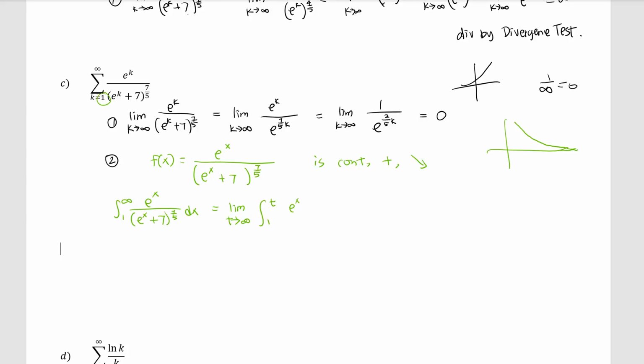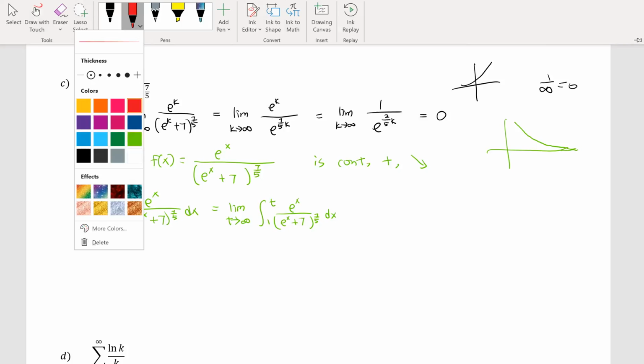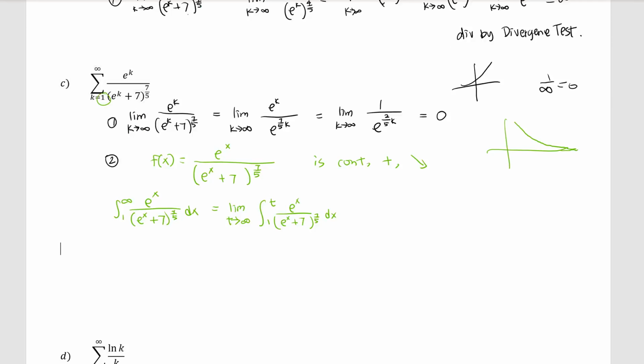You can see this problem, we use u substitution, let this be u, and then this guy is du. So this is like the integral of u to the minus 7/5 du.